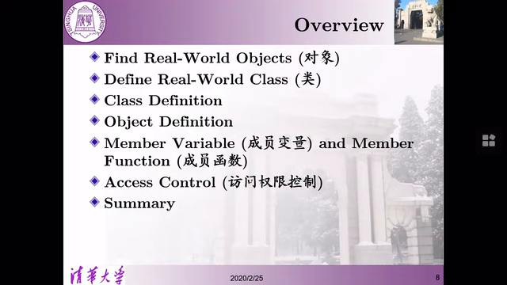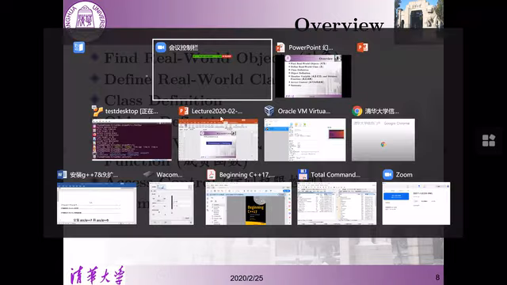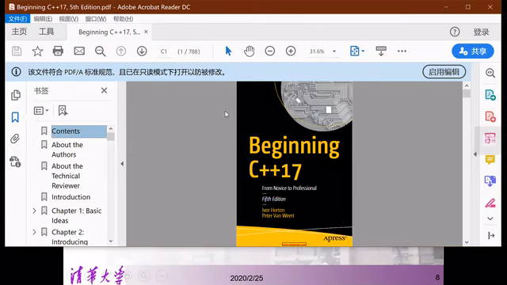Also, because of that, we want to switch our major reference book to this one because we are learning this new grammar. Actually, the new grammar is not so much.